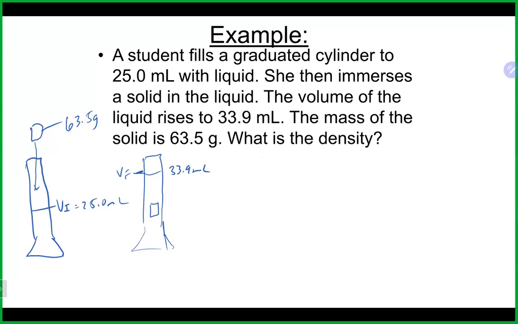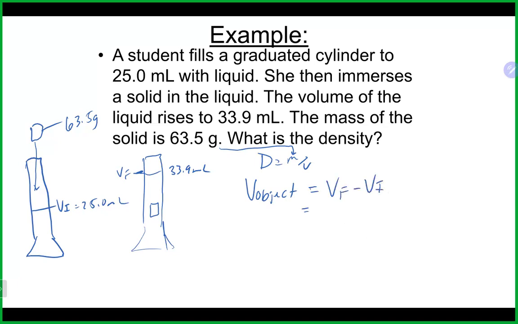So again, we're looking for the density, which is mass over volume. We have the mass given to us. This is our volume by displacement, so we need to find the volume of our object here. Once again, that is going to be final minus initial.